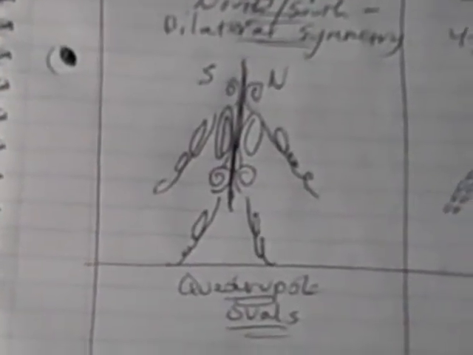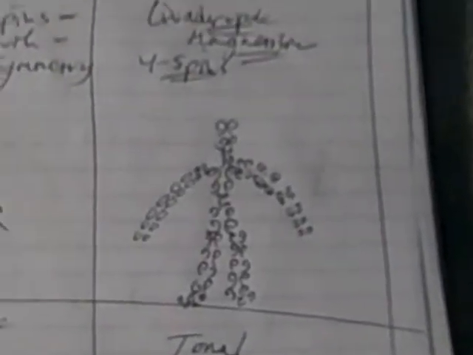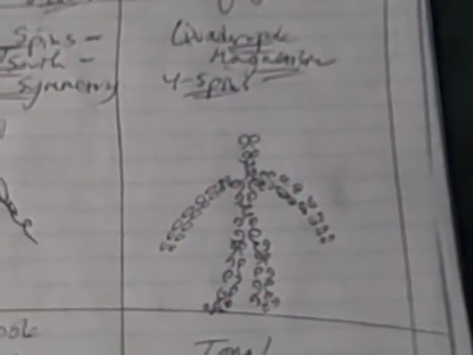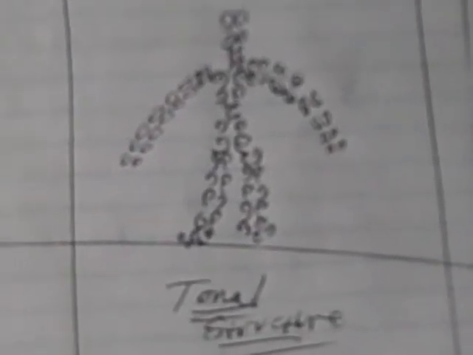Now, you can take this concept another step further, and here you have quadrupole magnetism, or four spins. This is the notion of magnetism being based on four spins.